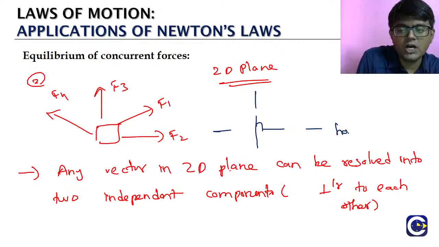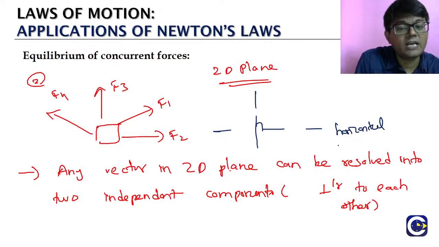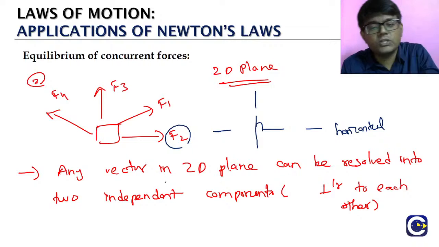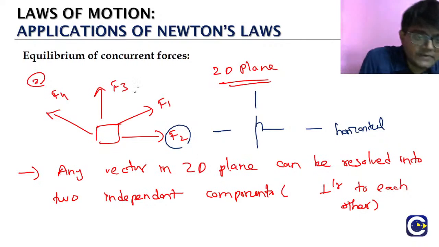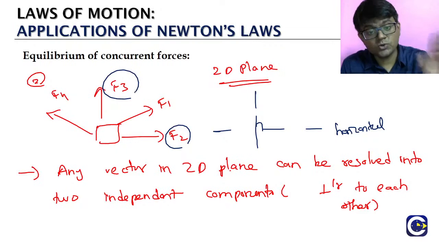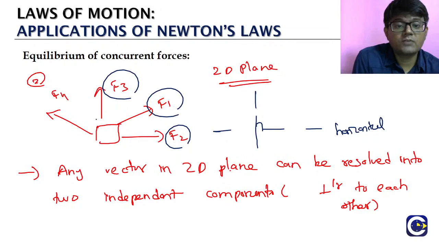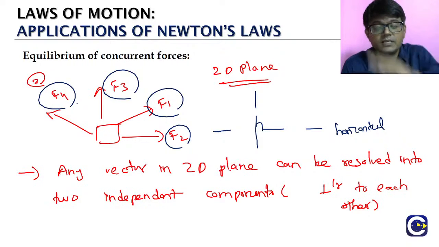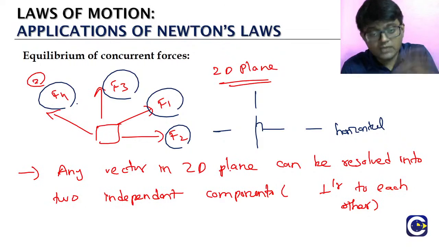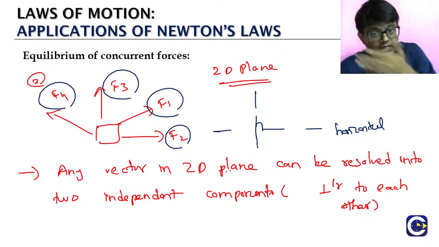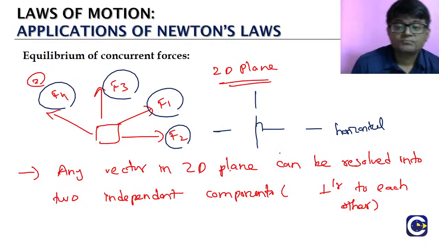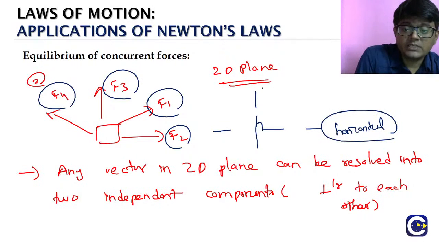Sometimes F2 is already horizontal, so there is no need to take components for that. F3 is already vertical, so no need to take components. We have to take components for F1 and F4. F1 will have a horizontal component and a vertical component. F4 also will have a horizontal component and a vertical component.